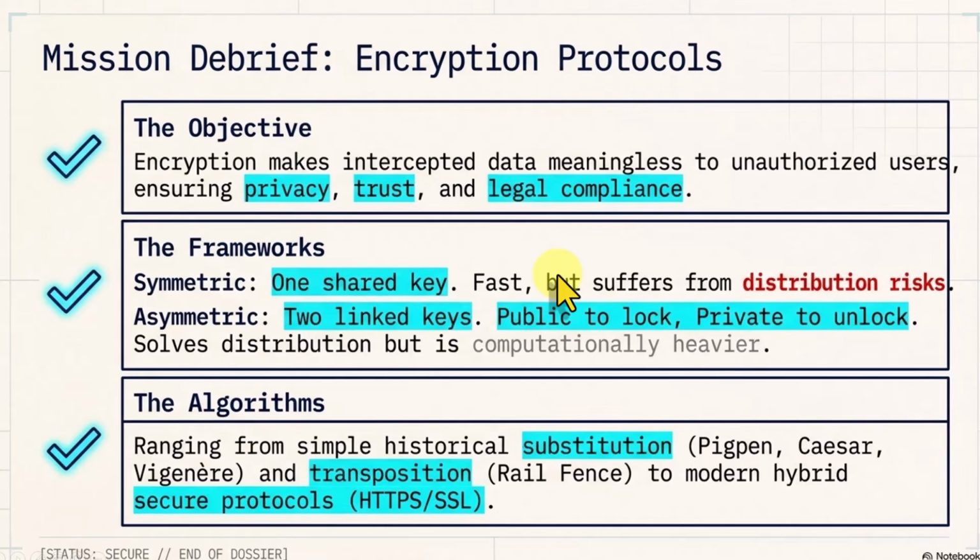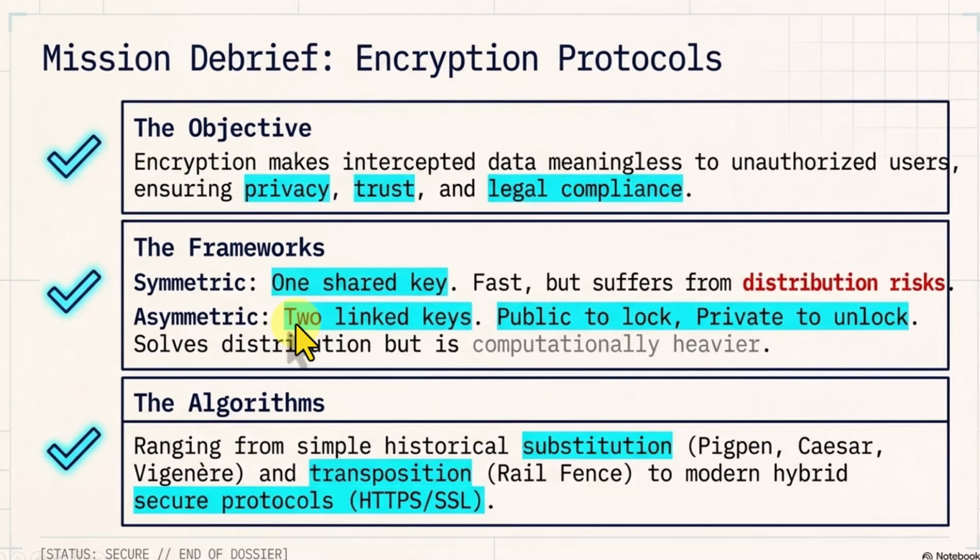It is fast but suffers from distribution risk, since the shared key has to be distributed. Then asymmetric, two linked keys, public to lock and private to unlock. Public key for encryption and private for decryption. This solves the distribution problem, but computationally it is heavier.